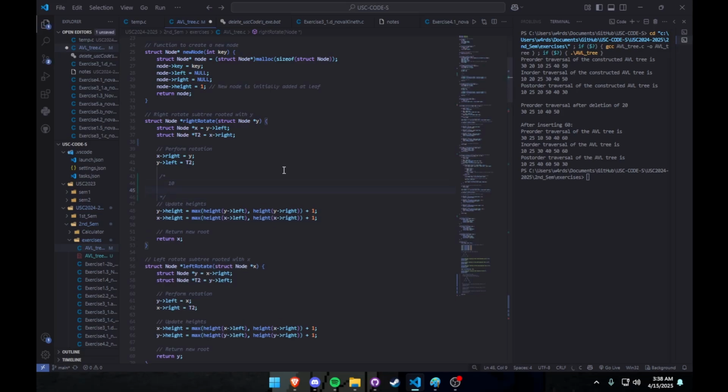So 10 would now be, and then let's say this was 25. Okay, 24. 24 and let's say 25 there. 24 and 25. This will now be x, and then this is your y. Since your y is x to the right, this is now your y. And then your left.